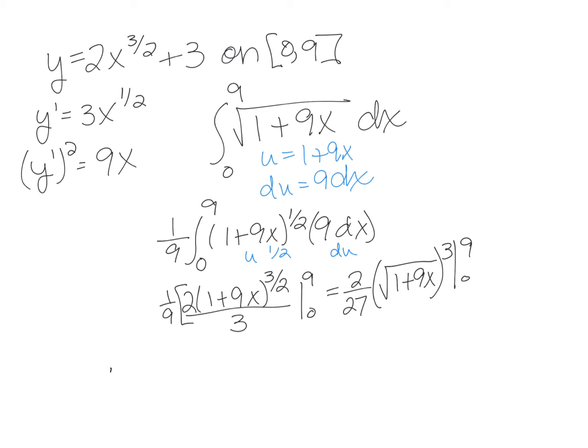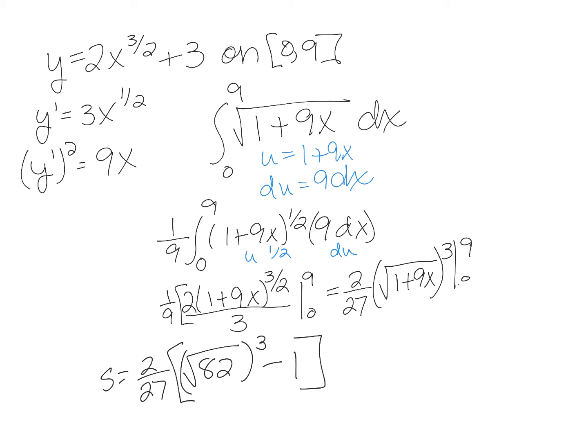So this one is not going to be pretty. 2/27. Plug in the 9. I'm going to get 1 plus 81. So it's 82, but that's cubed. Minus. Plugging in the 0 for the x, I get the square root of 1 cubed. It's just a 1.